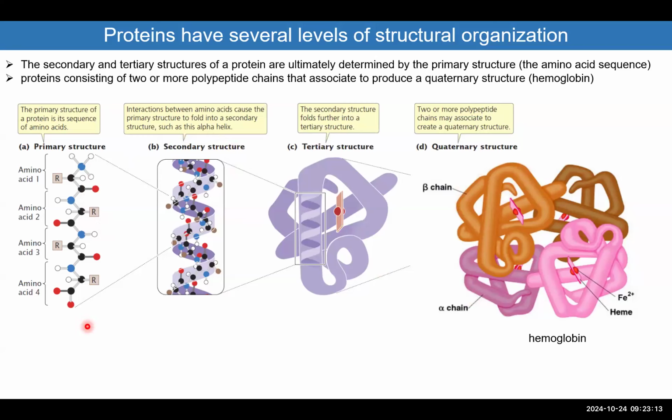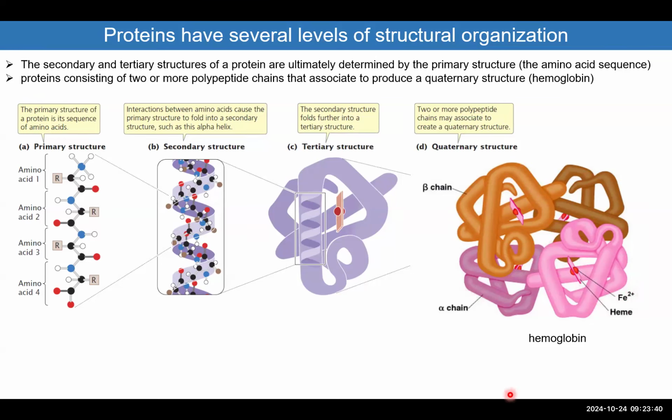So you have one peptide, another peptide that together make a protein, and that's what we call the quaternary structure. So an example of that is hemoglobin. You all know that hemoglobin, whenever you do a blood test, there are multiple chains. You have the alpha and the beta chains of the hemoglobin, and there are the iron group or the heme. That's how the name comes.